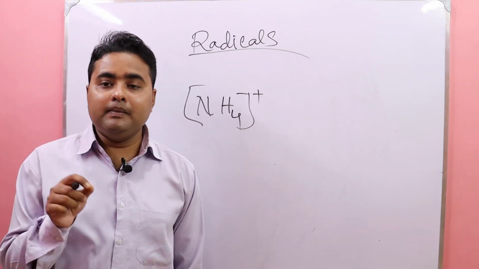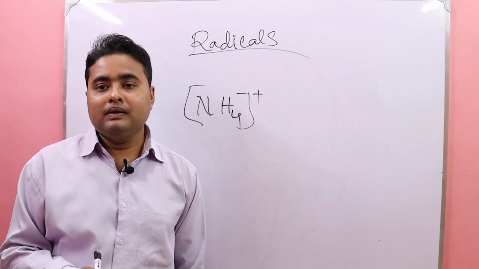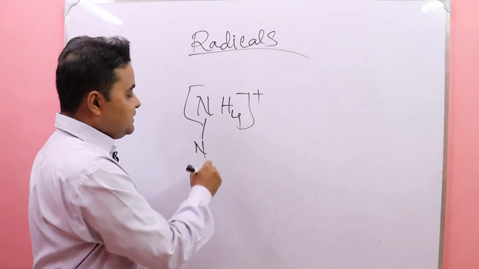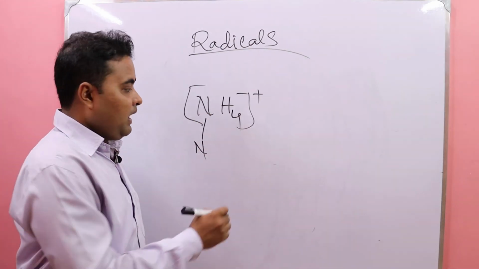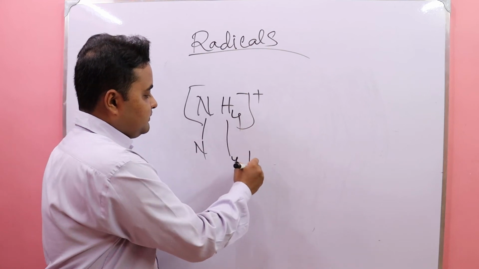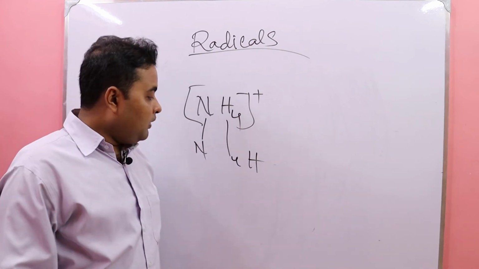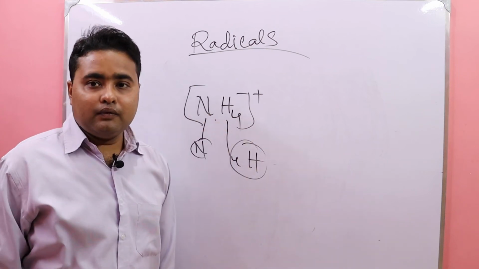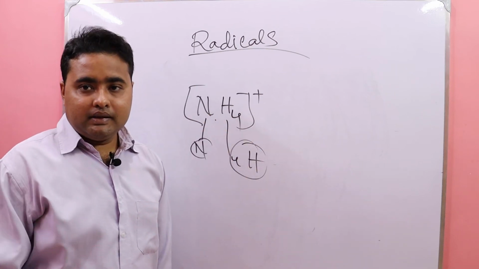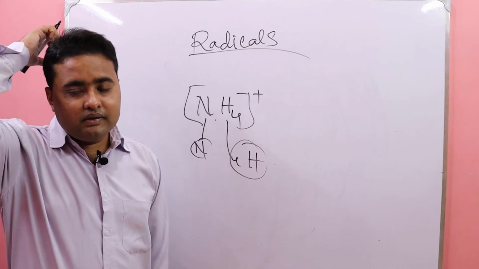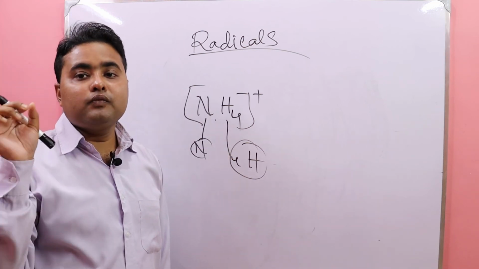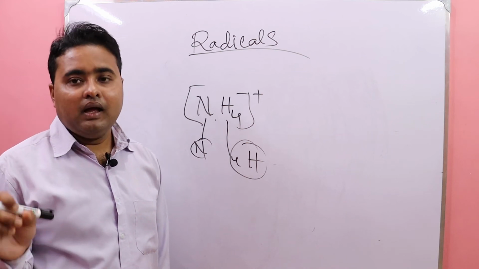This is an example of a radical, but this is a group of atoms, because here one nitrogen and 4 hydrogen are present. So one nitrogen and 4 hydrogen combine to form the NH4 plus radical, and this is an example of a positive radical where a group of atoms is present.